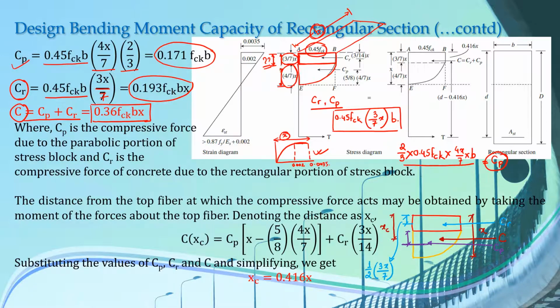Suppose this is the line of action of the CP. So the total distance of this CP from the topmost fiber will be, this width is 3x by 7, plus 5 by 8 times of 4x by 7.